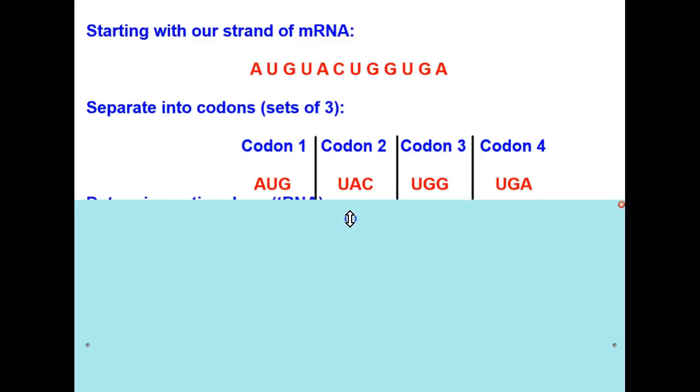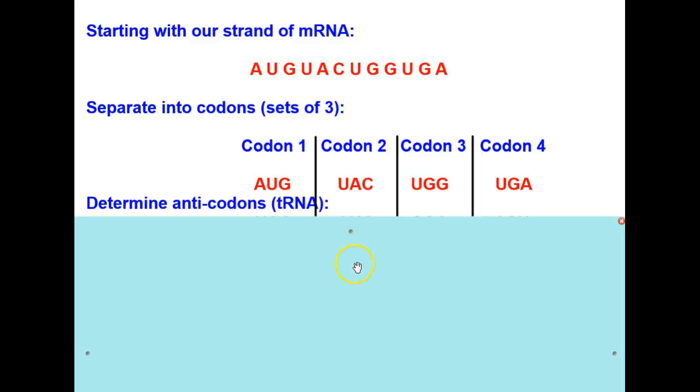The next thing we do is we determine the anticodons, and this is called transfer RNA. In order to determine the anticodons, use the codon and circular table that you'll find on page 311 of your text to determine the proteins.